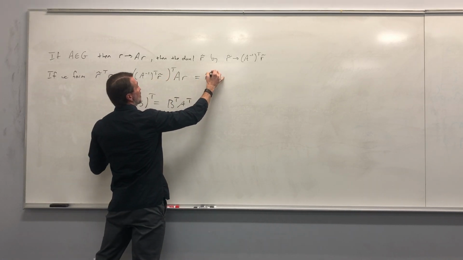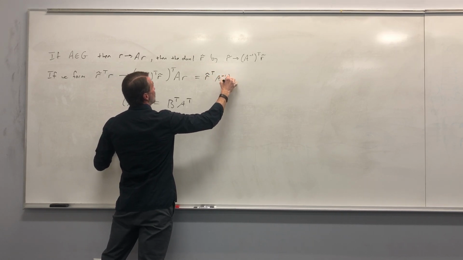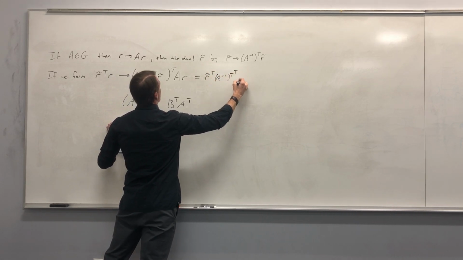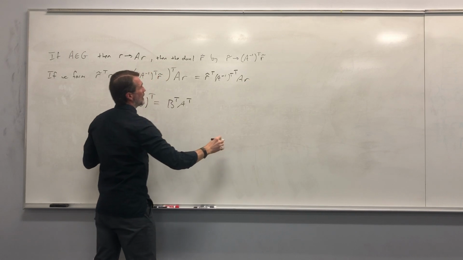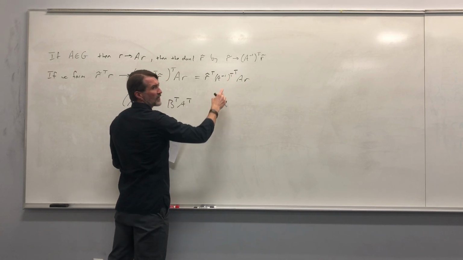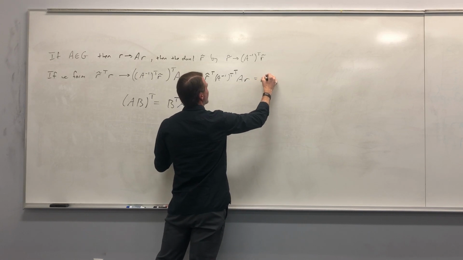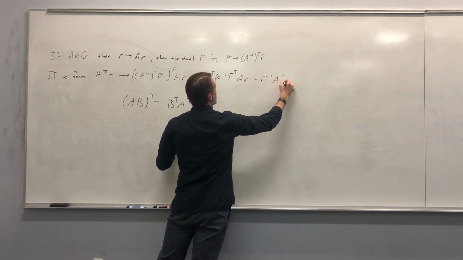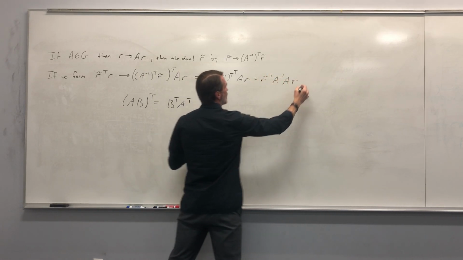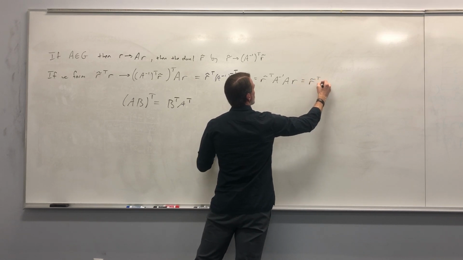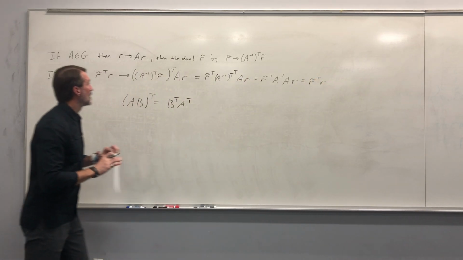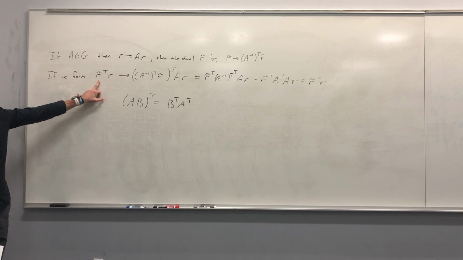So this is going to be R twiddle transpose, A inverse transpose transpose, AR. Transpose transpose is the identity. So this is R twiddle transpose, A inverse AR, which is R twiddle transpose R, which is what we started with.